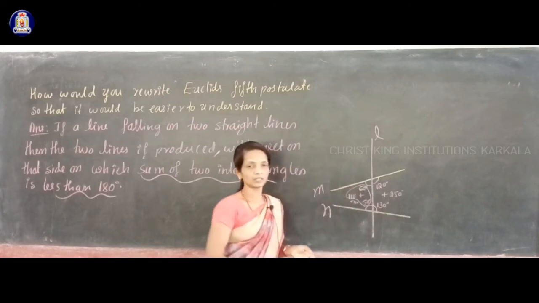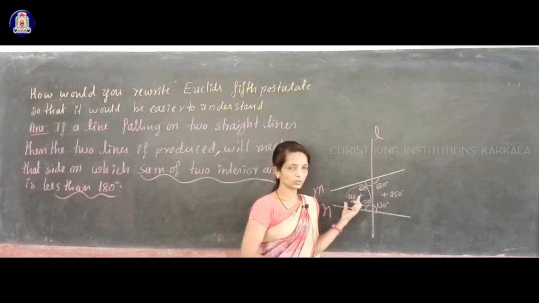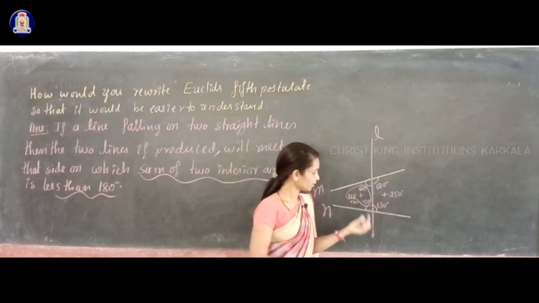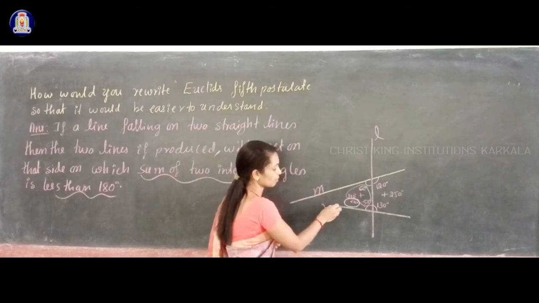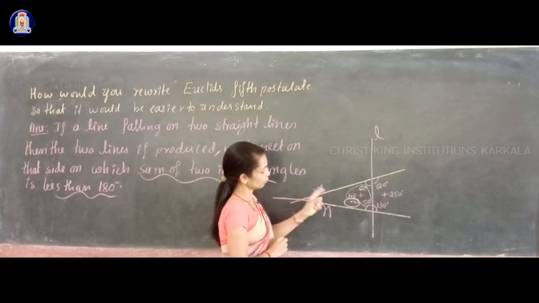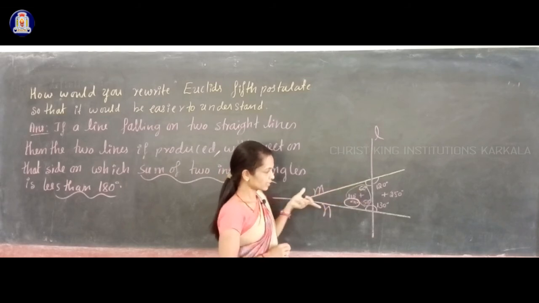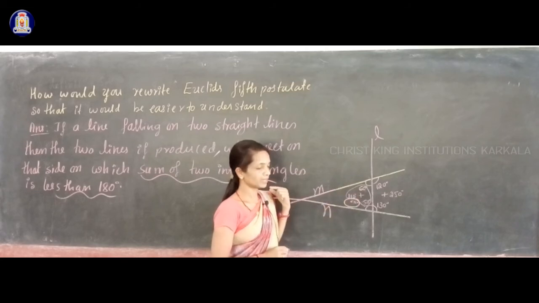On whichever side of a transversal the sum of two interior angles is less than 180 degrees, on that side the two lines M and N will meet. If you produce these two lines on the side on which the sum of two interior angles is less than 180 degrees, on that side the two straight lines will meet each other.